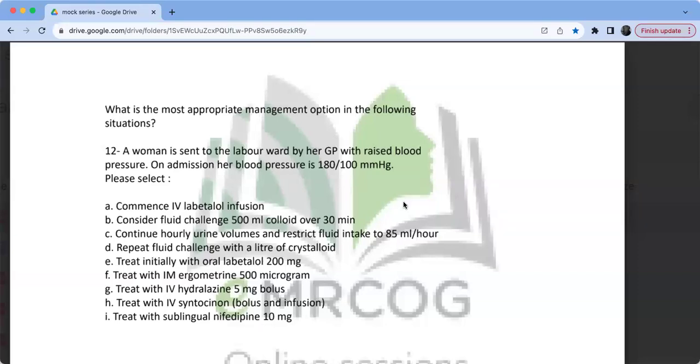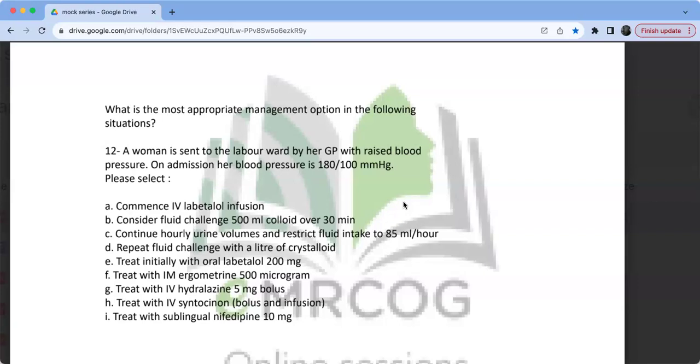What can you give her? We start initially with the oral one, right?